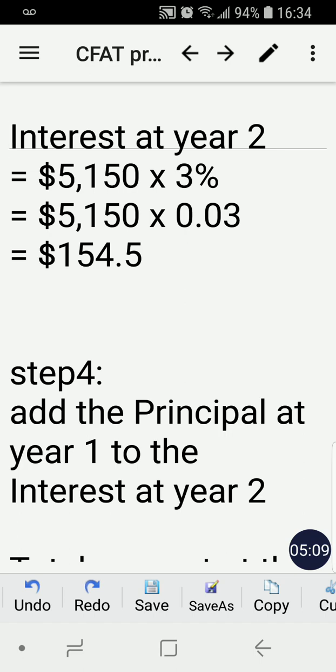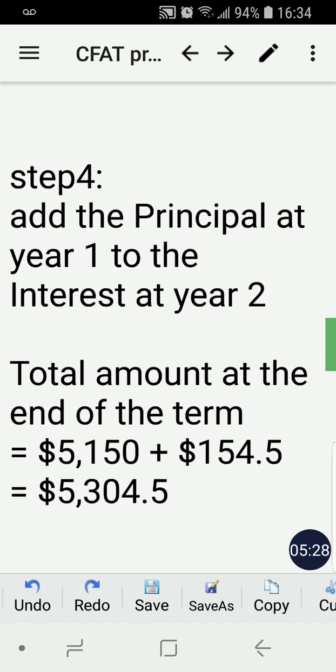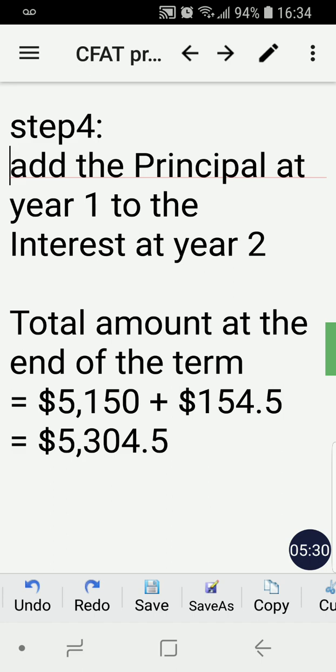We multiply that by 3%, so 5,150 times 0.03, which is the conversion of the 3% into decimal form. And so we get $154.5.